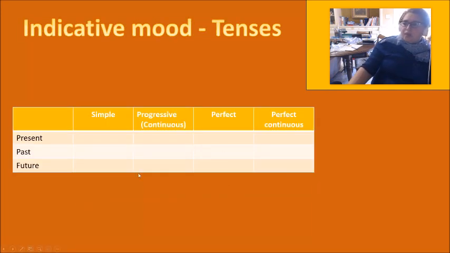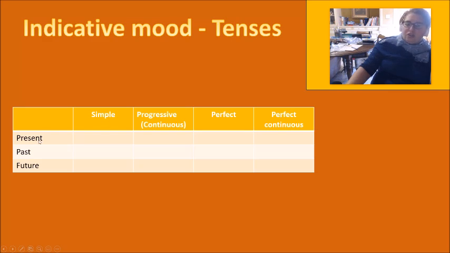So, by what we have said, we can make a summary of the time in which tenses appear. They could be present, past, or future, and the aspects in which they can appear.